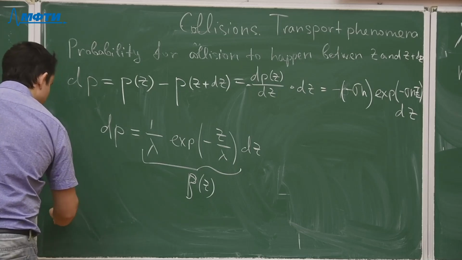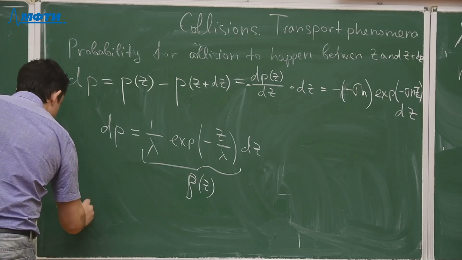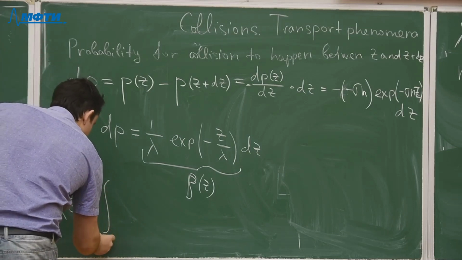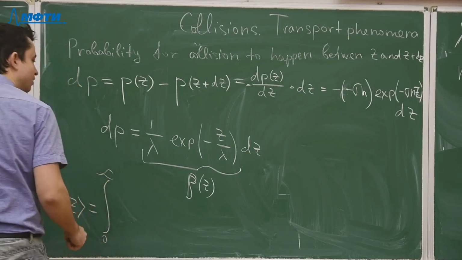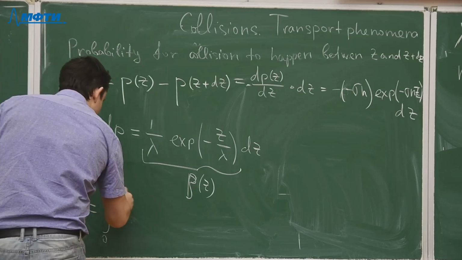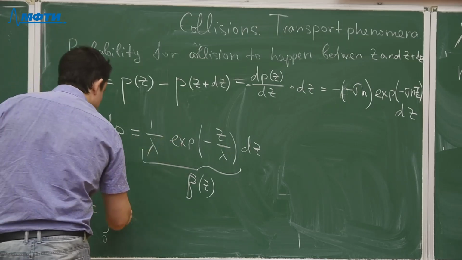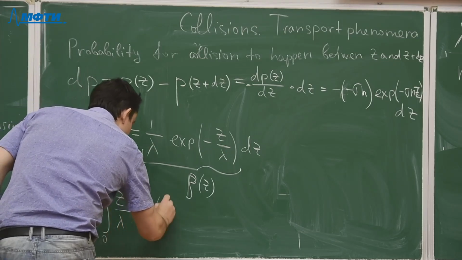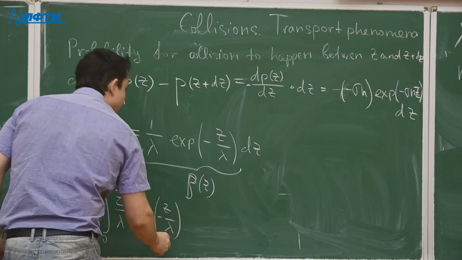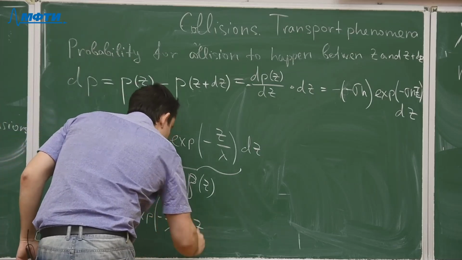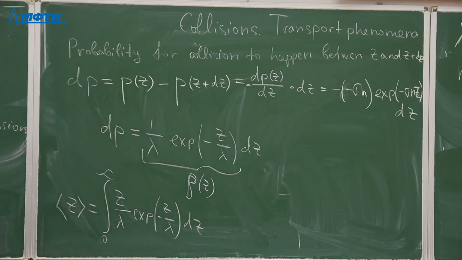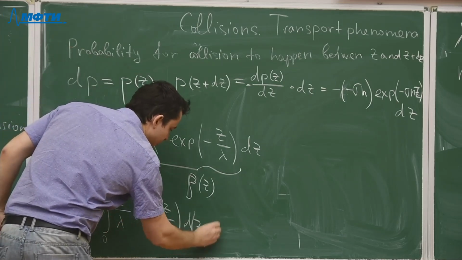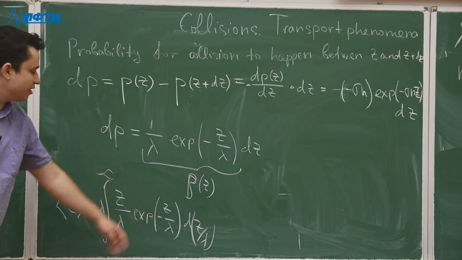The mean free path is average z, and by definition it's the integral from 0 to infinity of z multiplied by that probability, z over lambda exp minus z over lambda times dz. Okay, actually we can take lambda out of here and switch to a new variable, which is z over lambda.